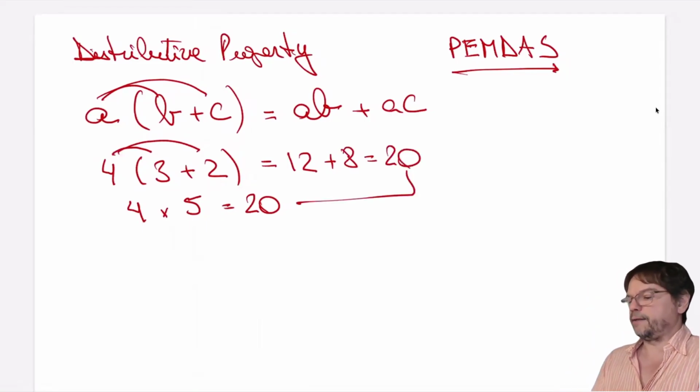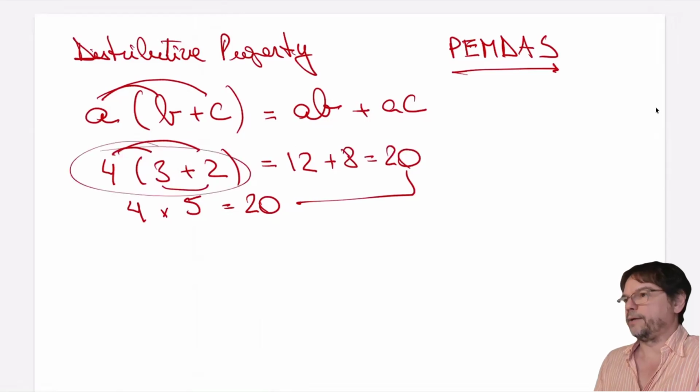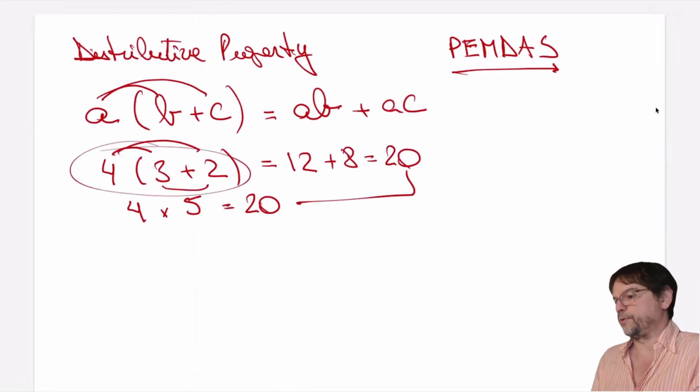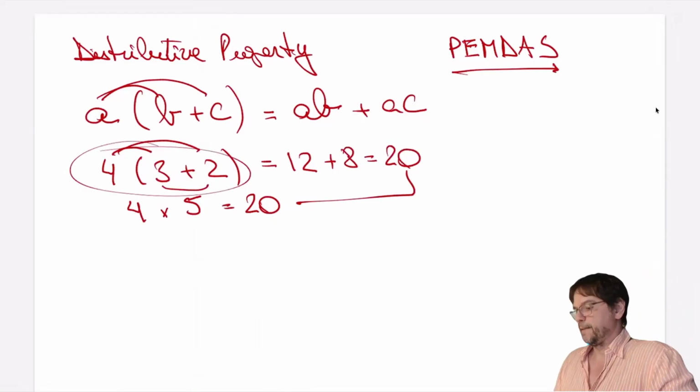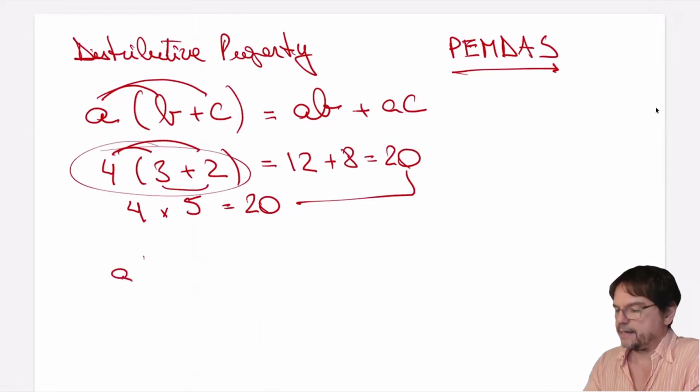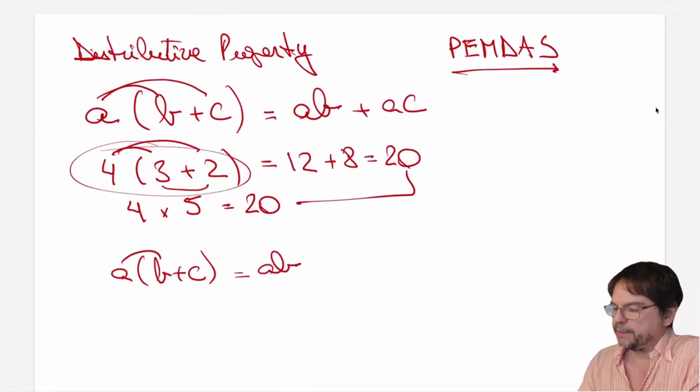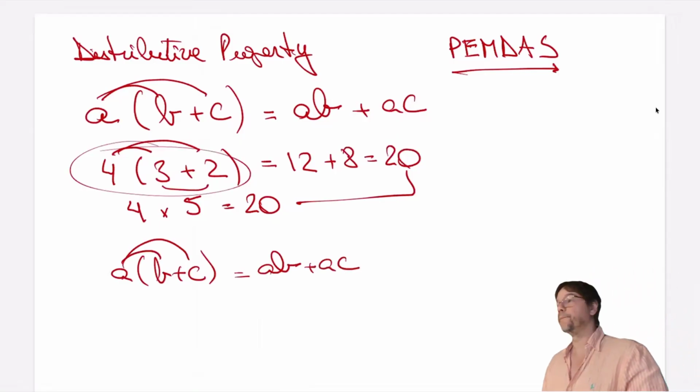So I can do it in this way or in this way. Is that okay? Distributing. Okay? So look, as I said, A times (B plus C) is like AB plus AC. Okay?